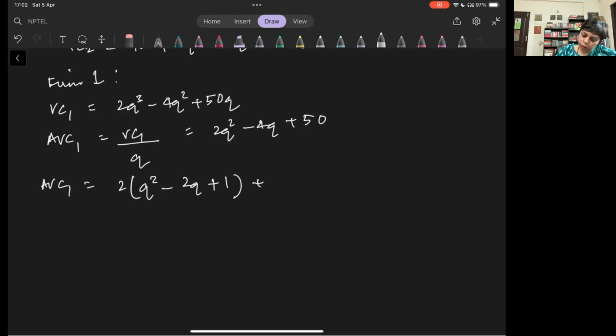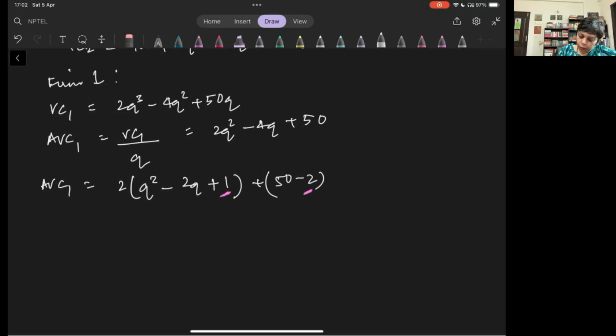So we just added and subtracted 2 to the equation, nothing fancy. I added 1 multiplied by 2, and I've subtracted 2 here. Okay, I've just manipulated a little bit algebraically.